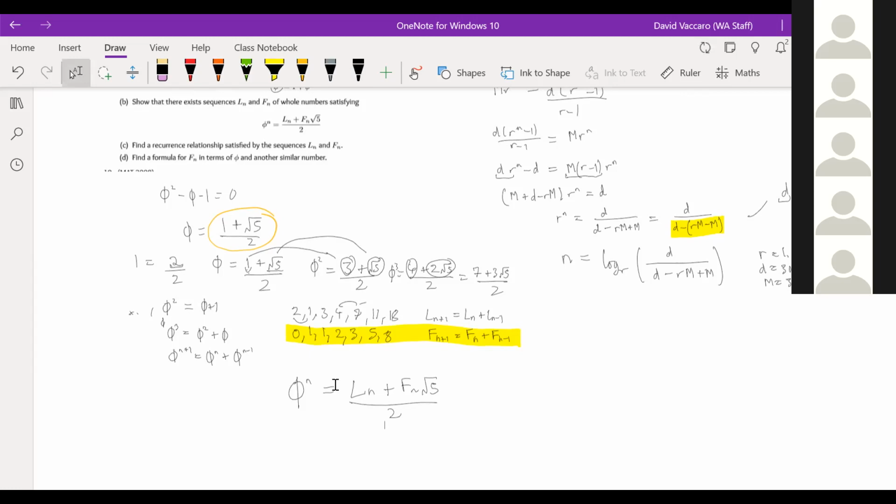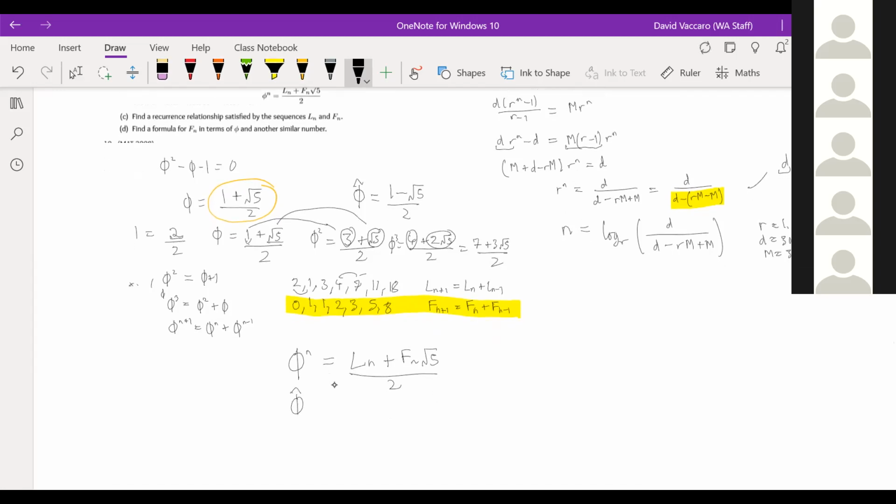Well, there's another number I could have played the same trick with. I could have played the same trick with the other root of the original quadratic. And the only way the other root of the original quadratic differs is that it's got a negative root 5. But I would get the same addition as before.